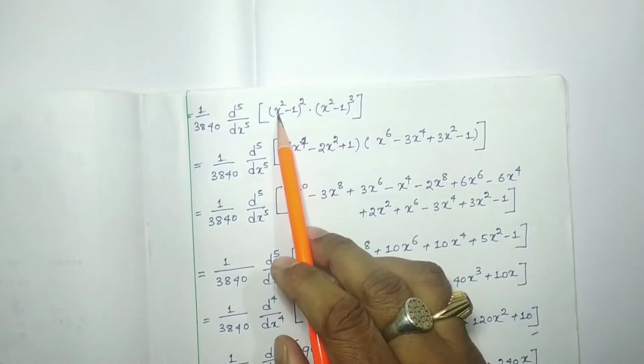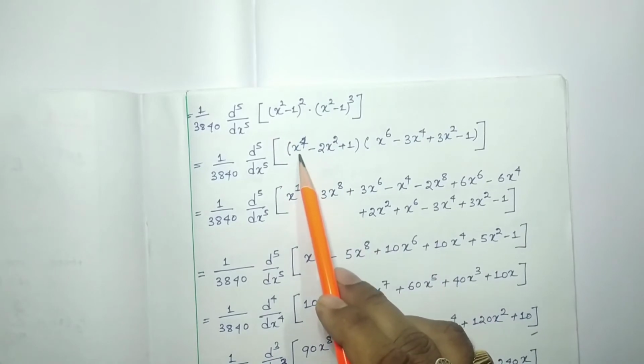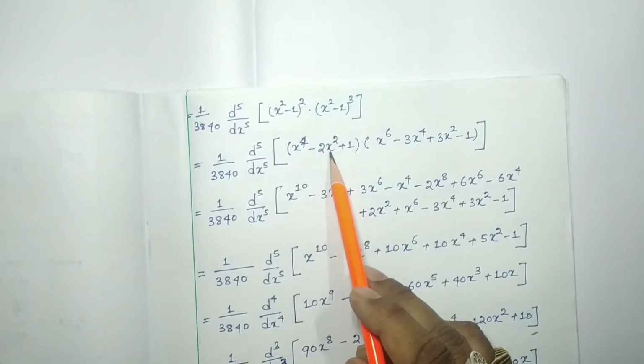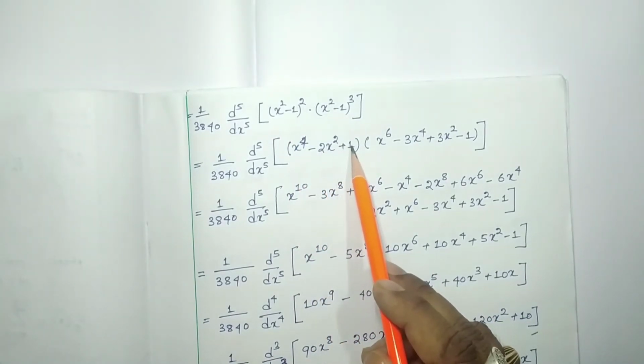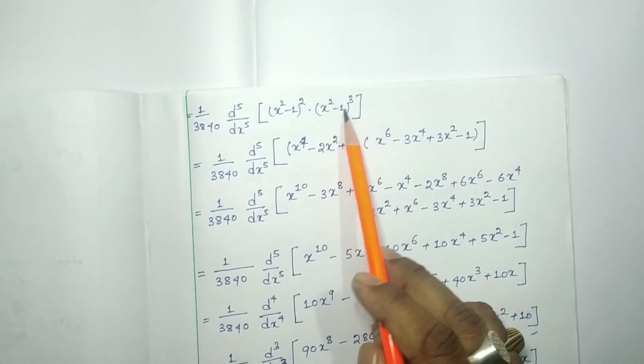See, (a - b)^2 will be x^4 - 2x^2 + 1. This is the (a - b)^3 formula.